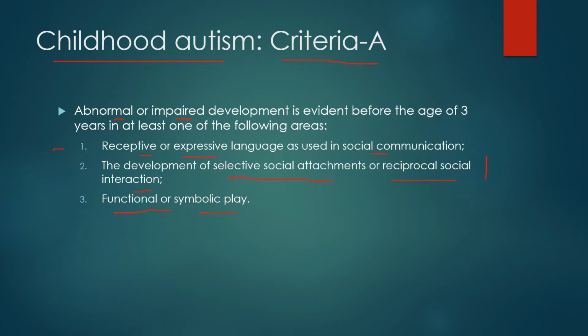And at least one area must be severe enough to cause some kind of distress either to the person or to anybody else, and it is affecting their life, either social life or family life or even their education or the skills.